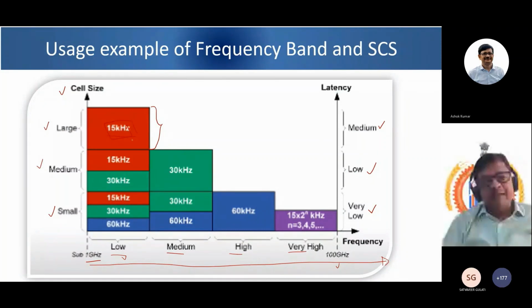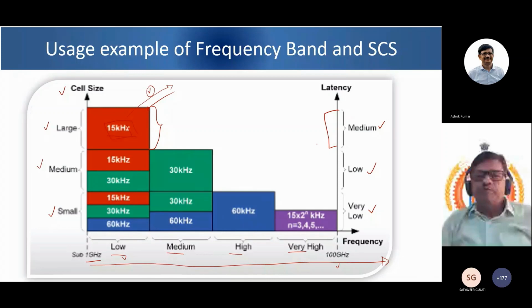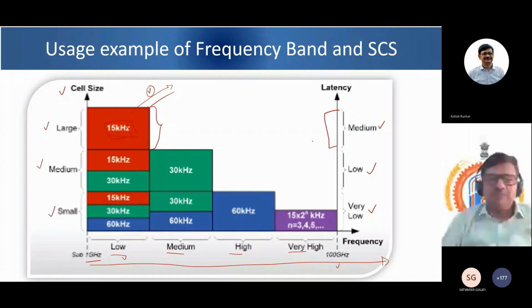Since I am covering a large distance, your signal will travel a large distance. So there is some time involved in the signal traveling and coming back. So my latency will be medium. It cannot be a very strict latency of 1 millisecond or 2 milliseconds. It will be 10 millisecond, 15 millisecond kind of, because I'm covering a larger area.